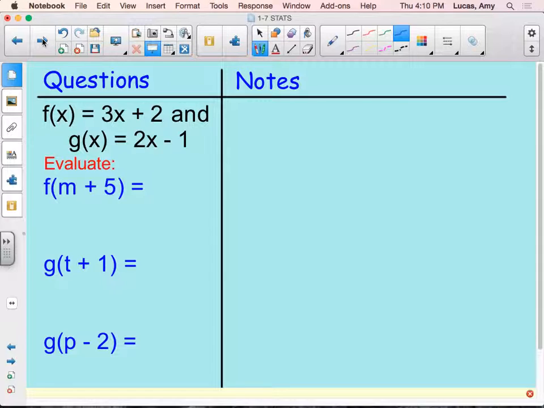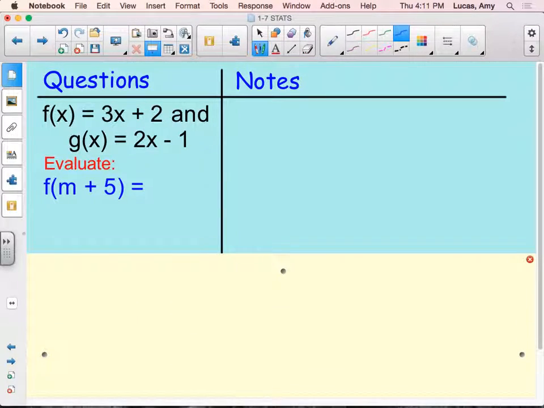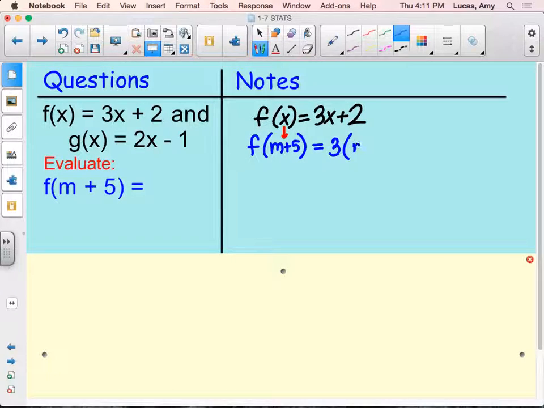Now what you see is these problems are getting a little bit harder. We'll look at one at a time here. So f of x equals 3x plus 2. And what I'm substituting in for the x is m plus 5. So there's still a variable there. If I replace the x with m plus 5 on one side, I have to do that on the other side, and that means keeping it in parentheses, because the x right here was being multiplied by 3.